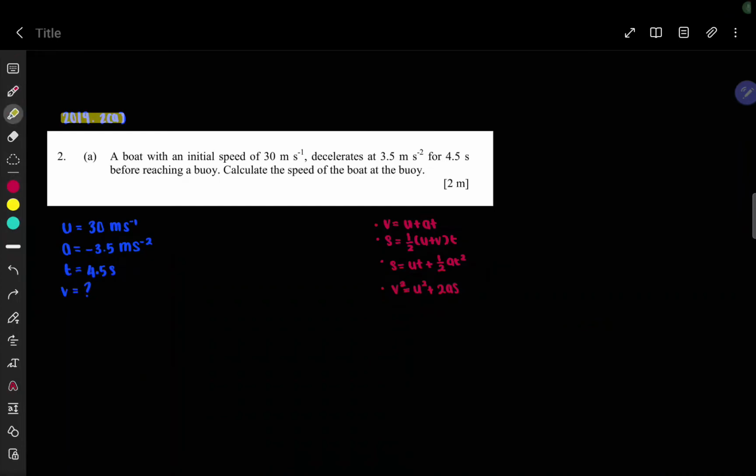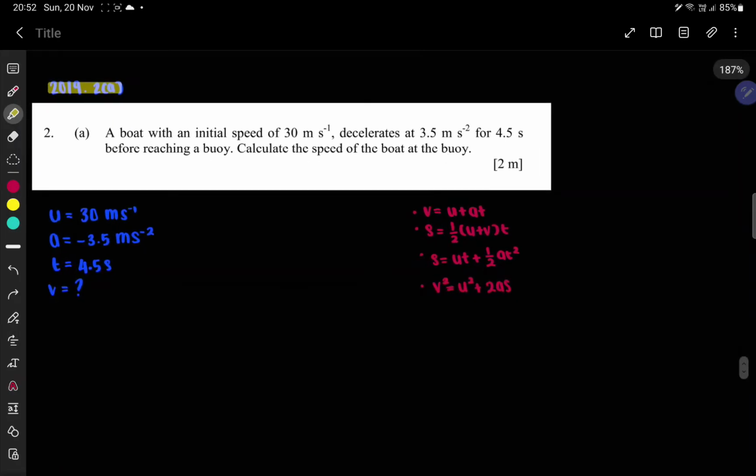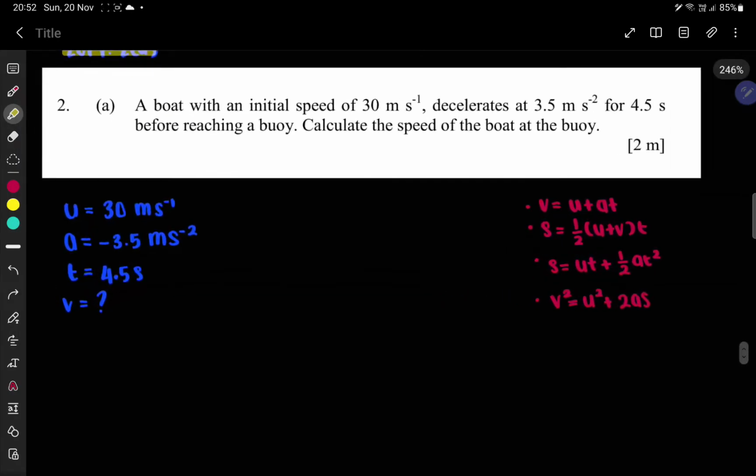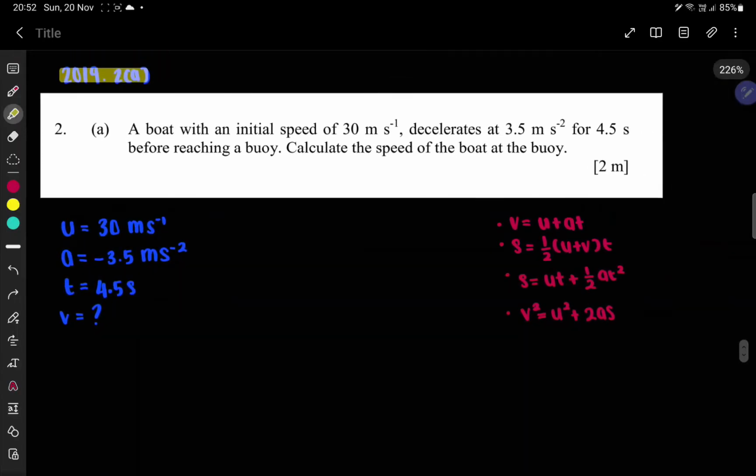Okay, next question we have 2019 PSPM question 2A. A boat with an initial speed of 30 meter per second decelerates at 3.5 meter per second square for 4.5 seconds before reaching a buoy. Calculate the speed of the boat at the buoy. So in this question, it gives us the initial speed, which is 30 meter per second, the acceleration, which is negative 3.5 meter per second square.